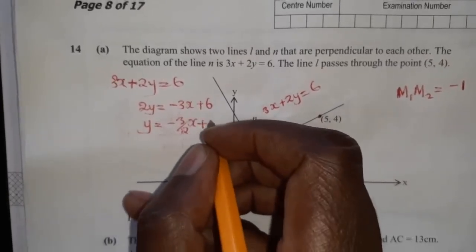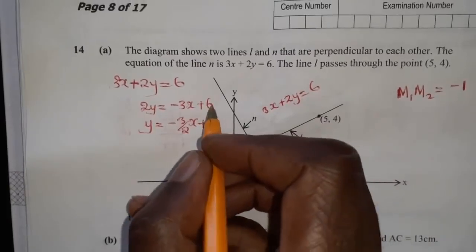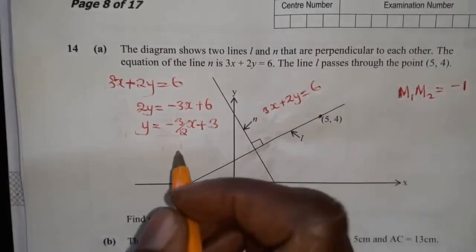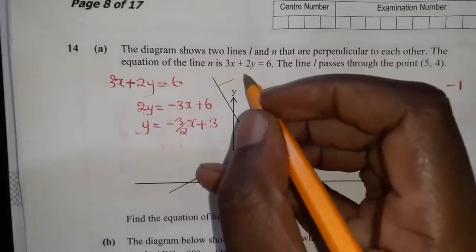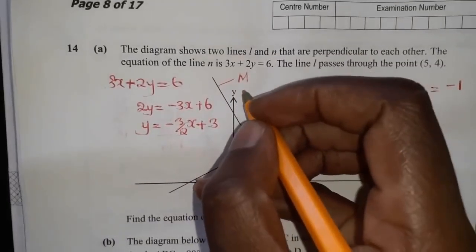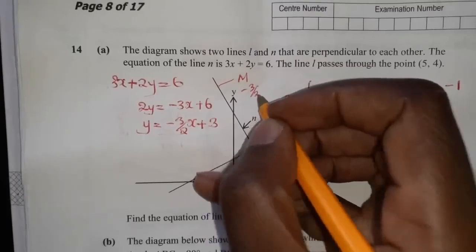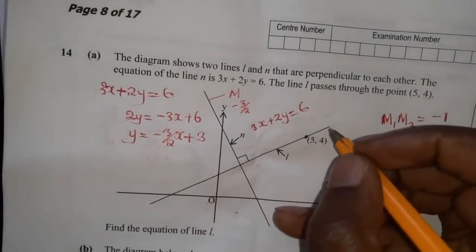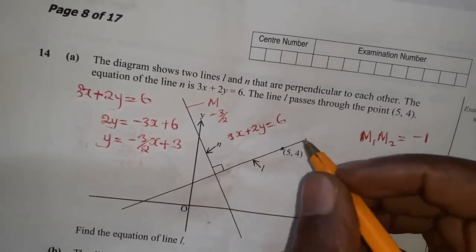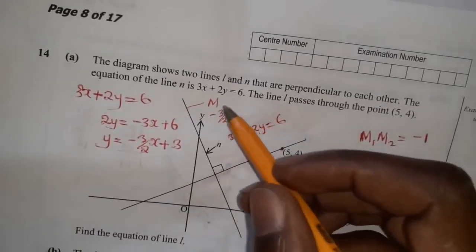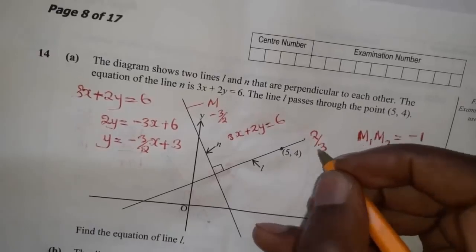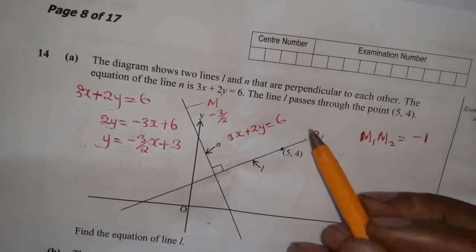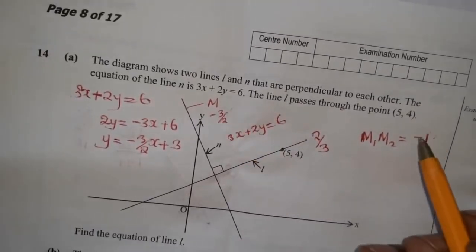When you divide by 2, it will be y equals -3/2 x plus 3. So the gradient of this line is -3/2. The gradient of the other line is the reciprocal without the negative, so it will be 2/3, so that when we multiply them, they give us -1.